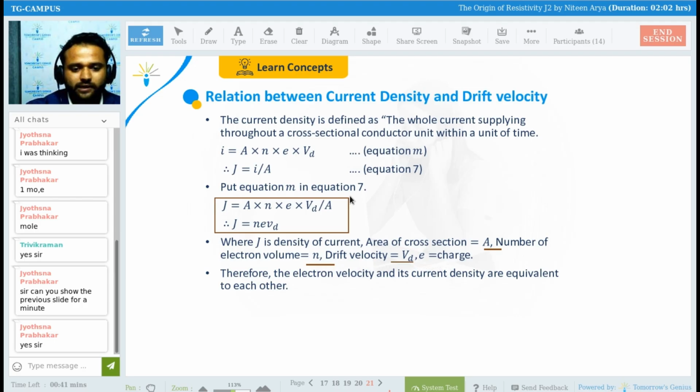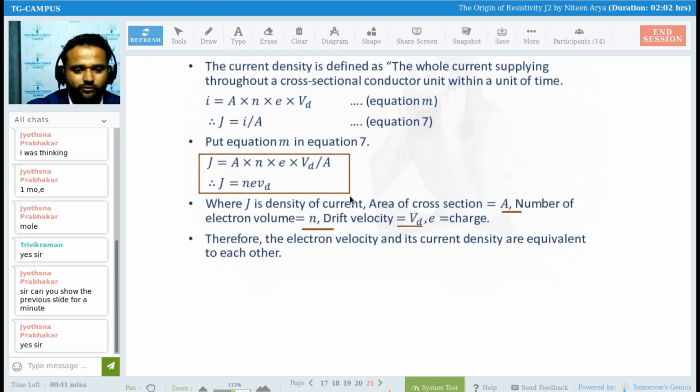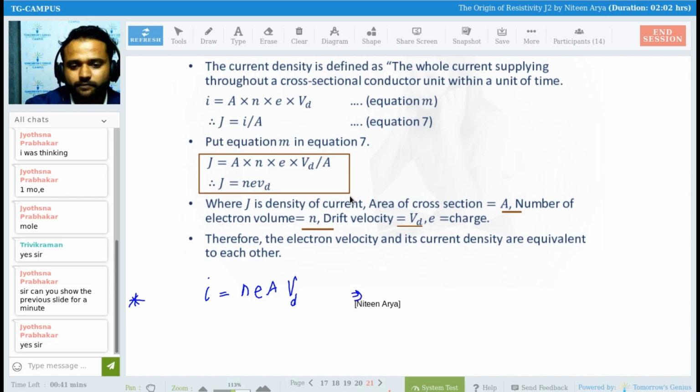So the important formula you can get, simply this is one: I equals N E A Vd, first thing. Then I equals N E Vd into I by A, which is current density J. Simply write J, that is NeVd.